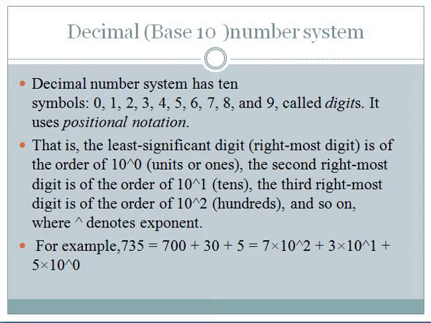The decimal number system has 10 symbols from 0 to 9, called digits. It uses positional notation. The least significant digit, the rightmost digit, is of the order of 10 power 0, units or ones.